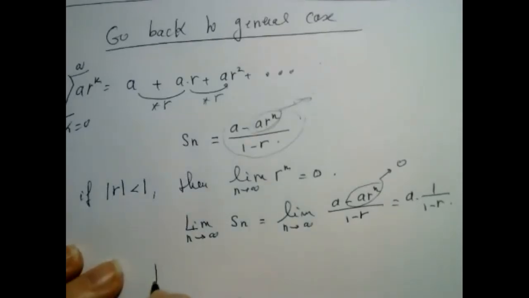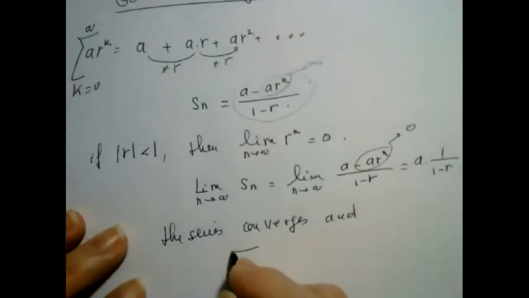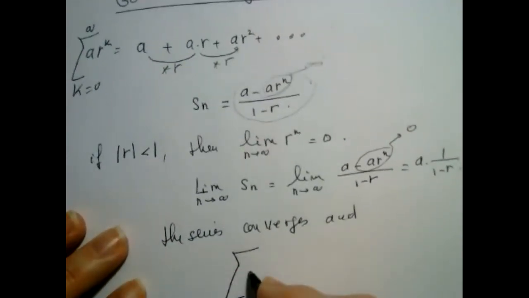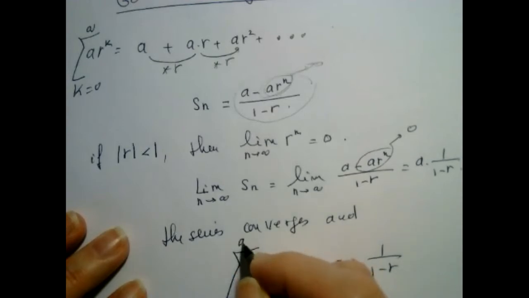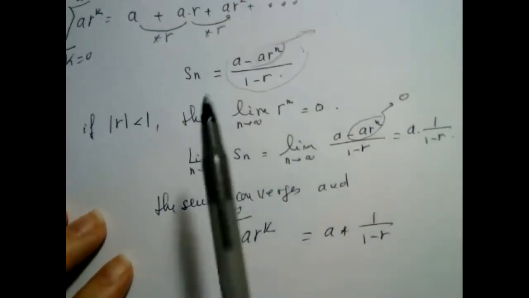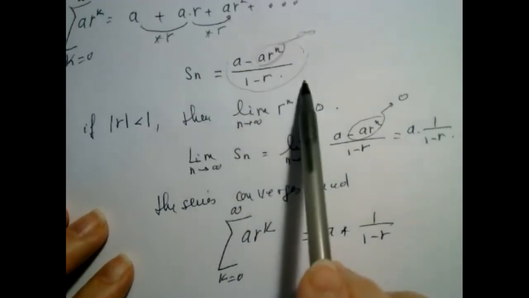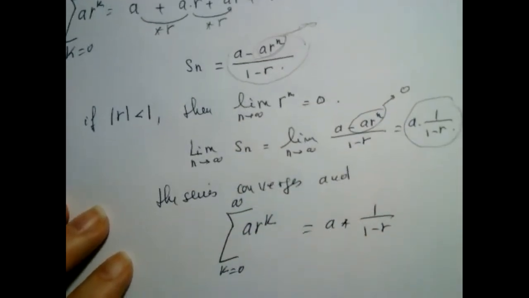And in this case, the series converges, and the sum of the series will be a times 1 over 1 minus r. Okay. So if the ratio is less than 1, the series will converge because the partial sums will converge. It converges to that number, a over 1 minus r.